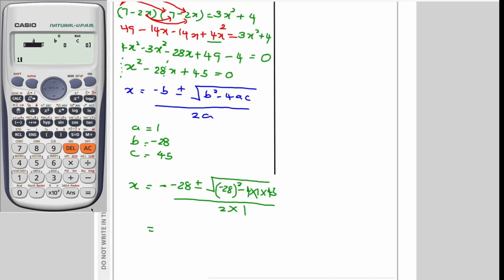So simply 1 equals, minus 28, minus 28, equals, 45, equals. Then let's write this one: 14 plus or minus root 151. Right? Now let's get the answer. 26.2882.